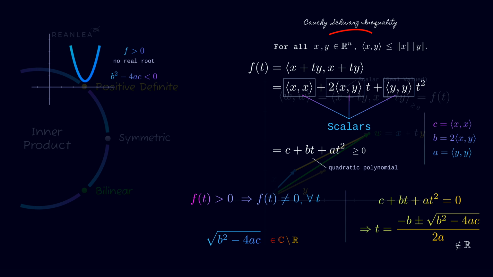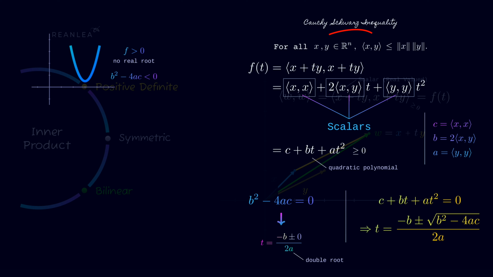Now if we consider b squared minus 4ac equal to 0, then we will have t equal to minus b by 2a. And since a quadratic polynomial either has no root or has two roots, t equal to minus b by 2a becomes its double root.